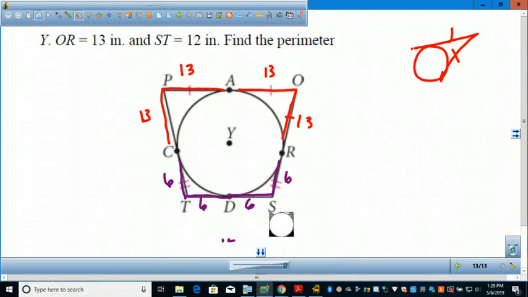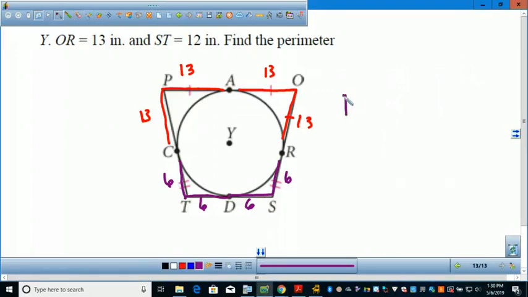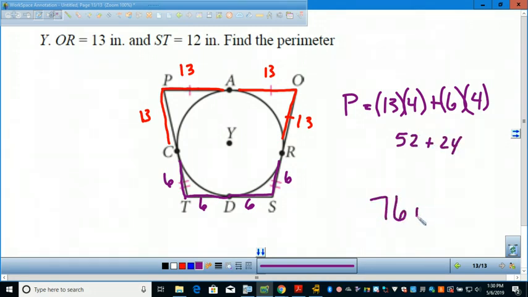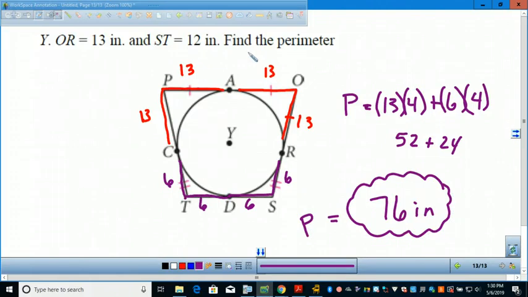So you need to add up all of those numbers to get the perimeter. 13 times 4 is... I'm getting 76 inches from my perimeter.